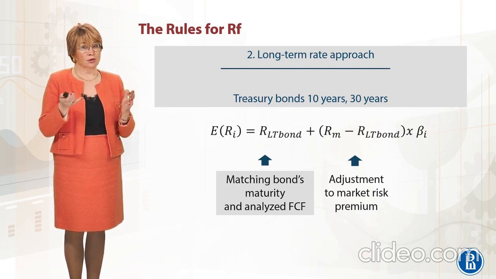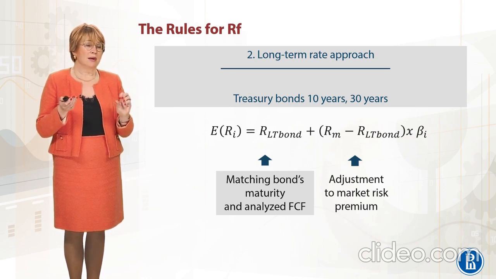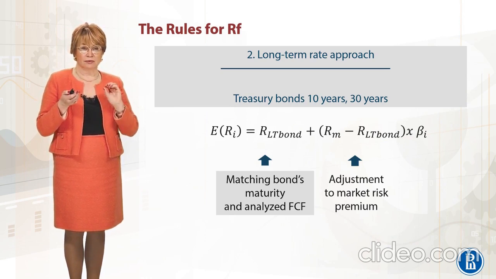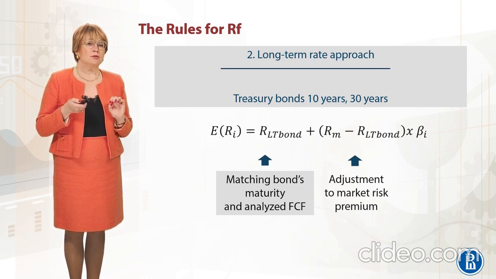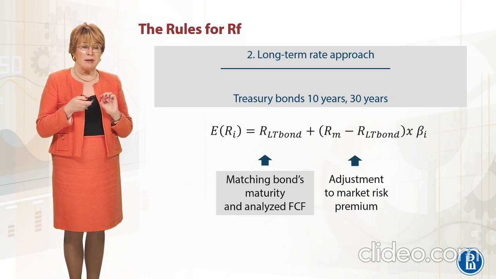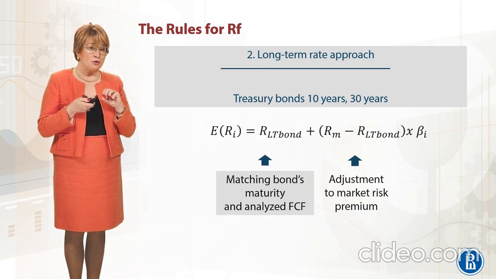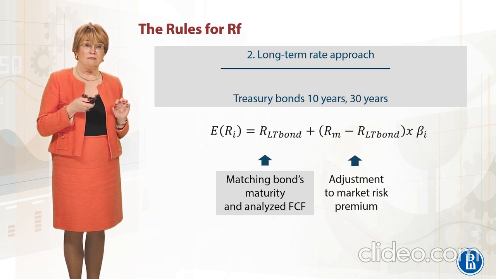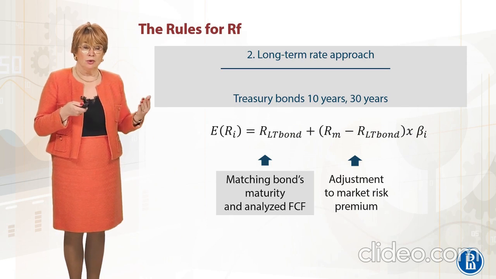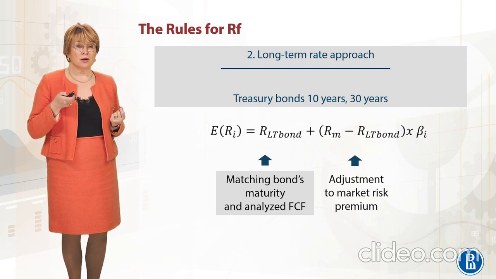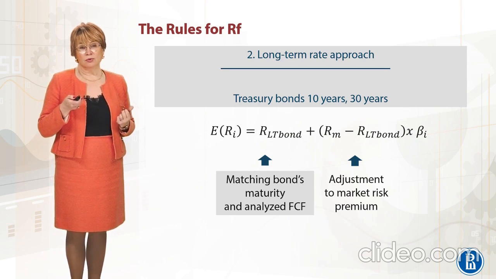And then our equation looks much nicer, because then we will get directly the rate of return for the treasury bond with some longer maturity. And the rule says that, of course, it's better if we can match the maturity of the treasury bond with the period of investment analysis and analyzed free cash flows, because we are looking for the discount rate for the free cash flows at that point of our analysis.